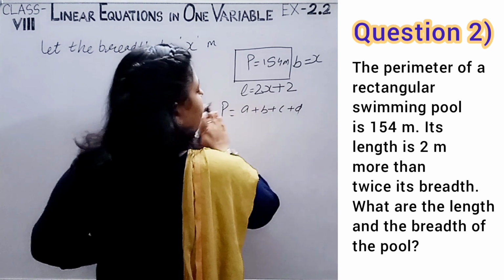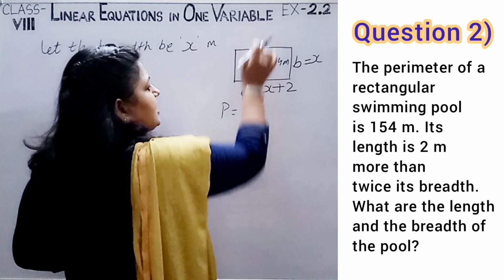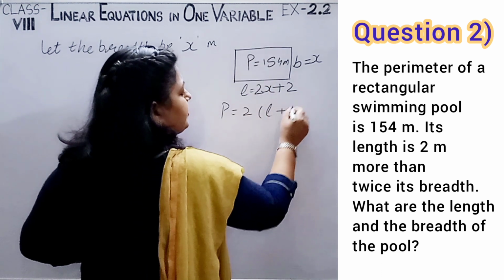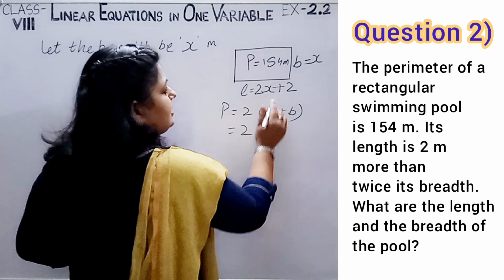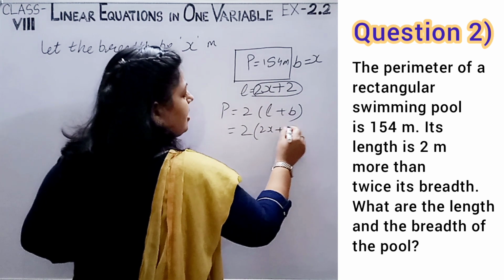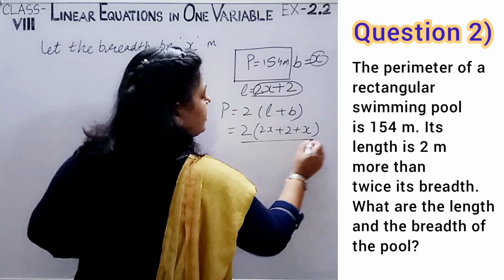Okay, what is the perimeter of a rectangle? 2 times (L plus B). So our equation will be 2 times (2x plus 2, this is L, and plus B, this is B). So this will be our equation.